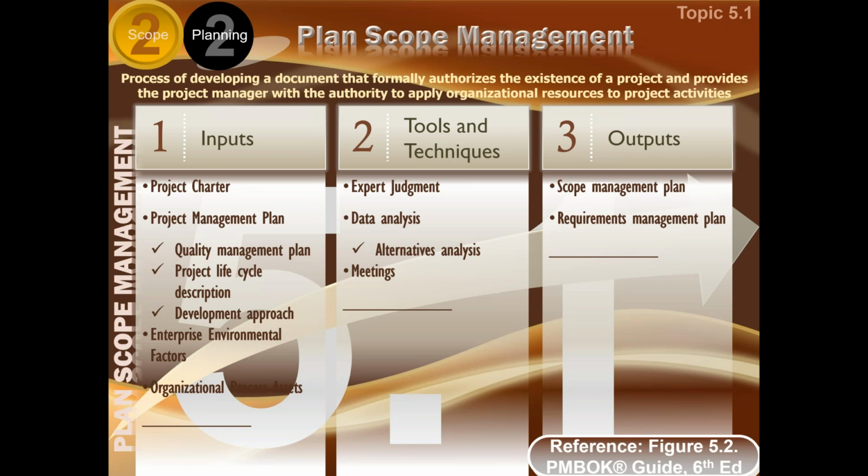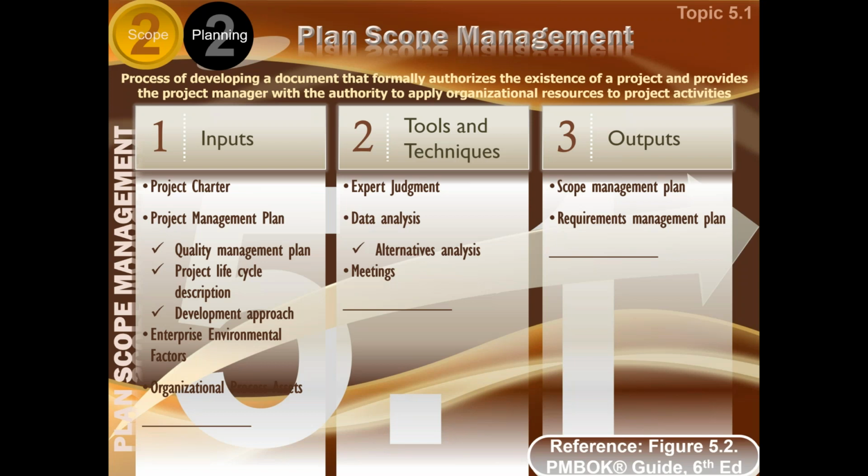Creating a management plan, although this is a very comprehensive plan, includes the instructions for doing everything about scope, like how to collect requirements, how to develop a scope statement, how to develop a work breakdown structure, and later on how to validate the scope and how to control the scope.